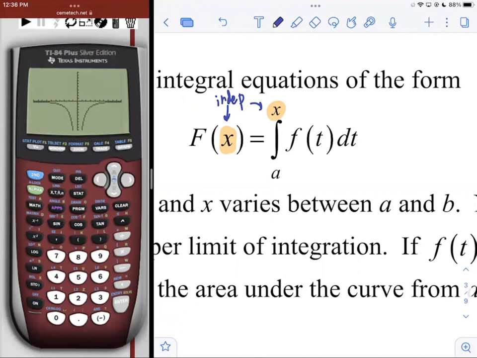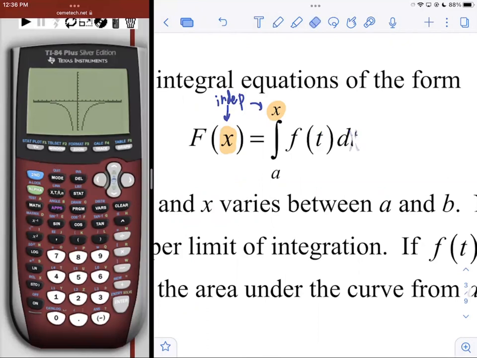Now, why do we have to use t and dt here? Well, t and dt could be anything that match other than x and dx. Because if that was f of x dx, now if I ask you what's big F of x, well, what's big F of 1? It would be the integral from a to 1 of f of 1 d1, right? You see how that would be confusing? We don't want that to happen.